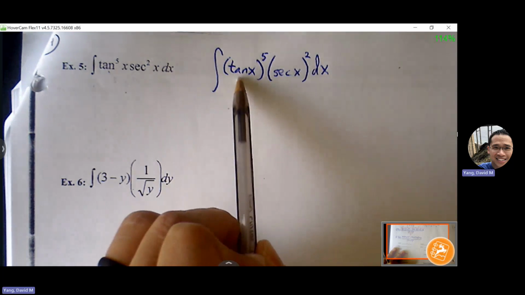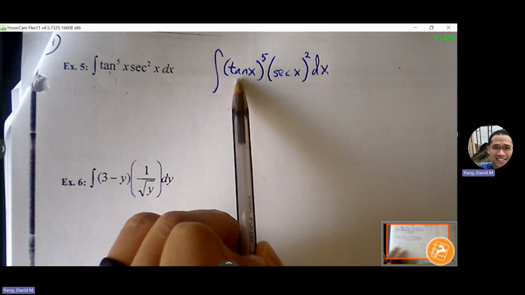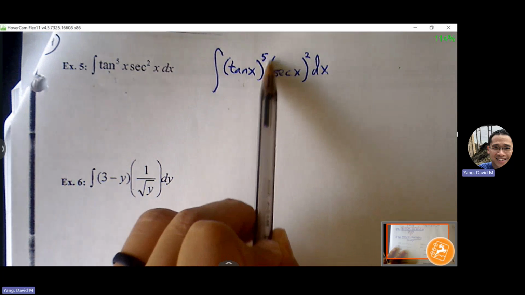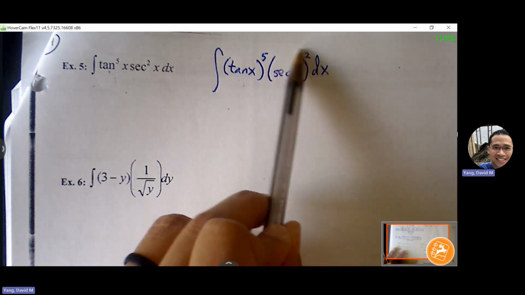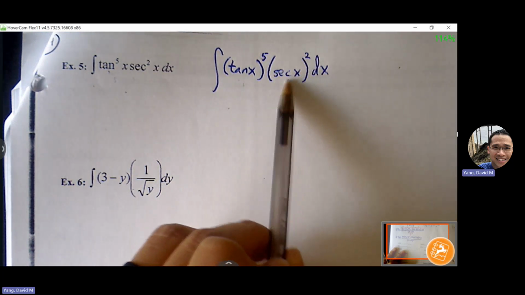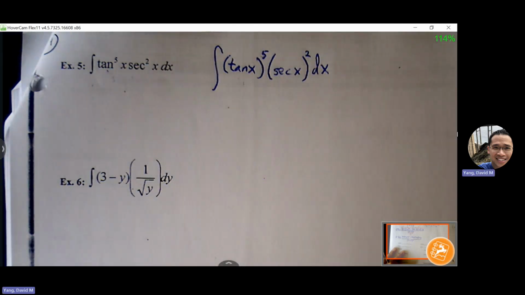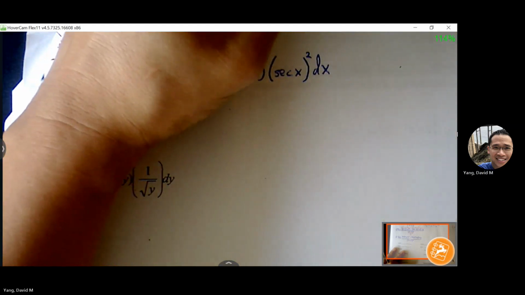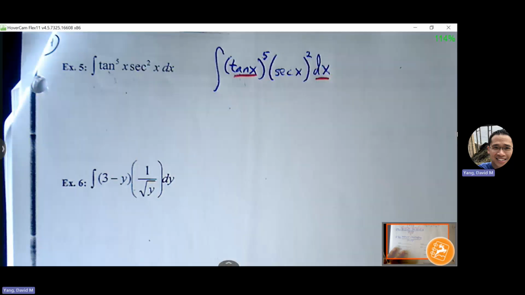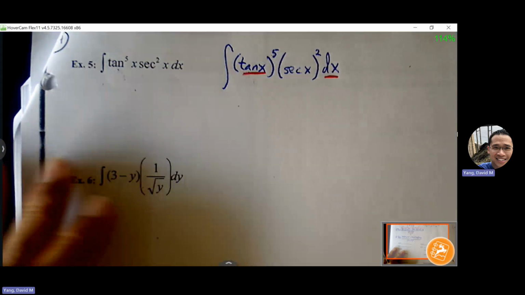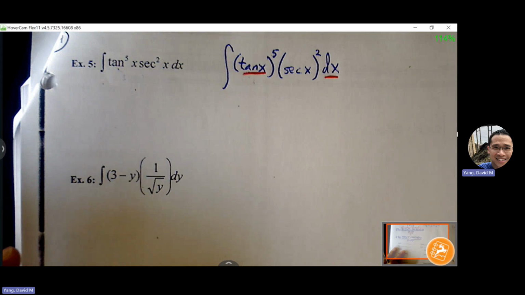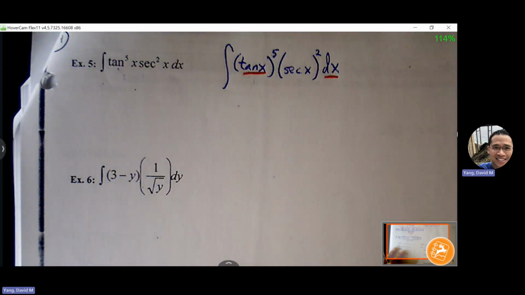What if the U value was tangent of x? The derivative would be what? Secant squared. That's a better fit, right? All that secant squared will pair up and go away for us. Okay, so it's nice to kind of look ahead, and especially if you have two potential U values, think about the derivative and see which one could be a better fit down the line.